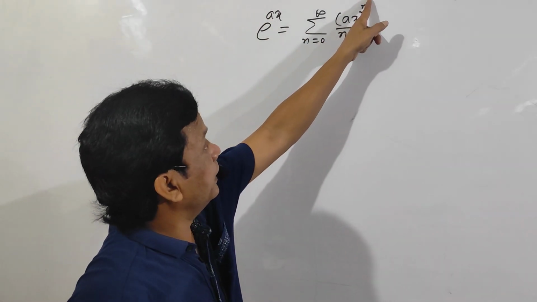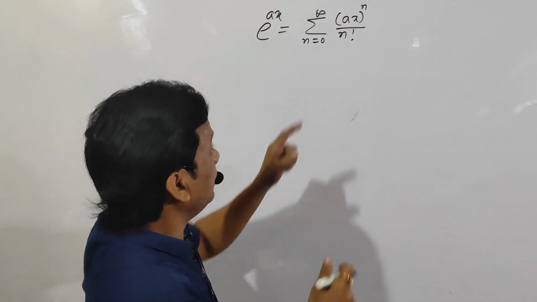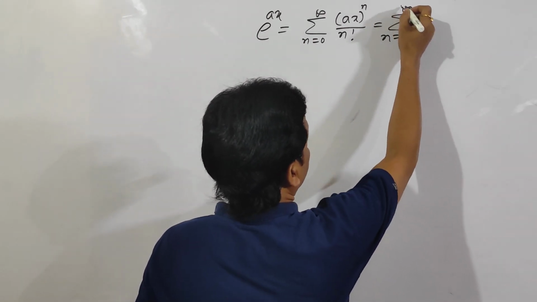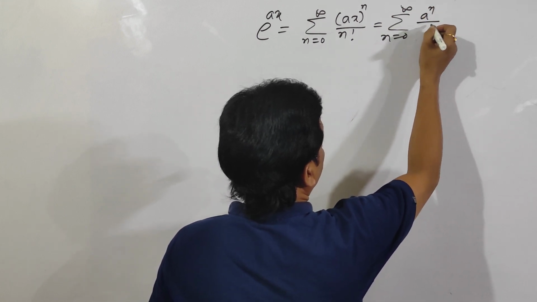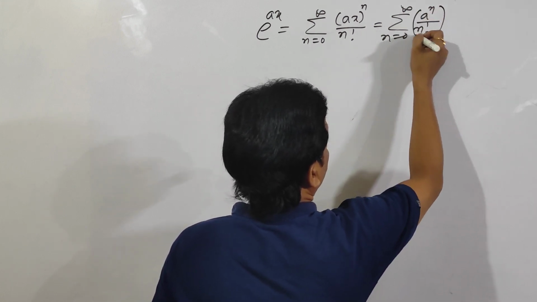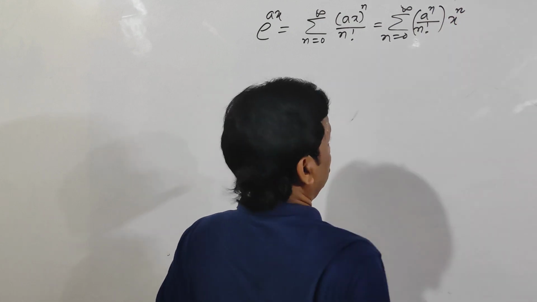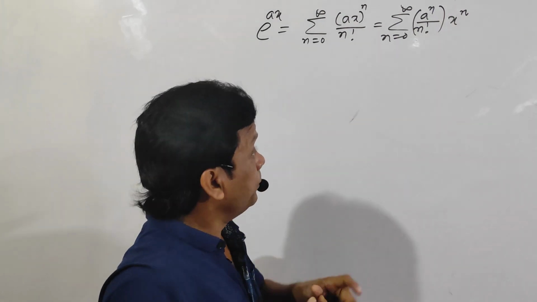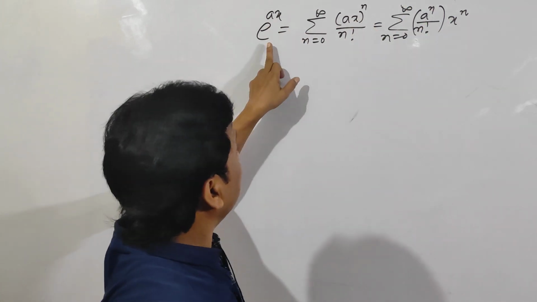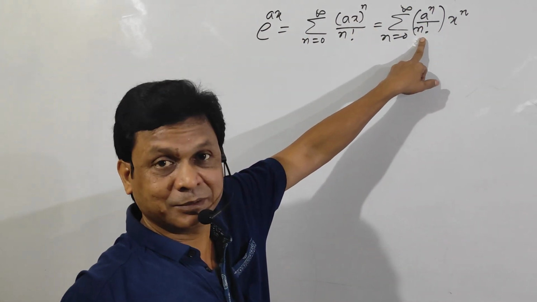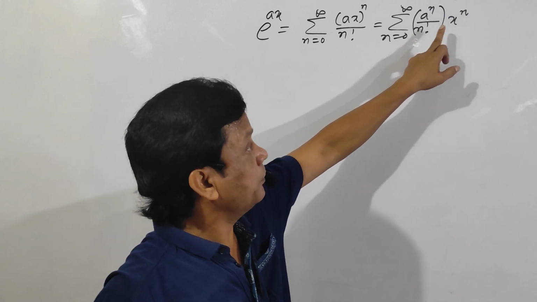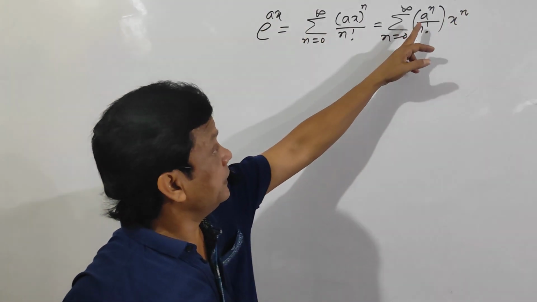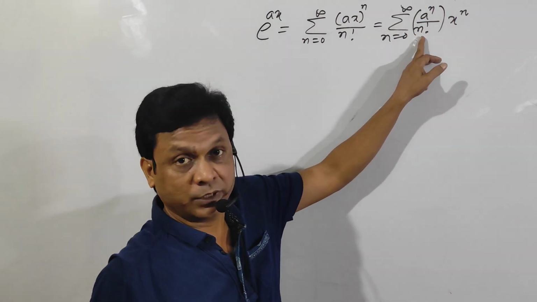So (ax) to the power n by factorial n can be written as summation n is equal to 0 to infinity, a to the power n by factorial n into x to the power n. Clear? So that means the coefficient of x to the power n in e to the power ax is a to the power n by n factorial.